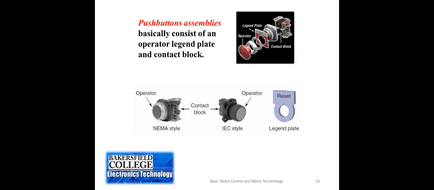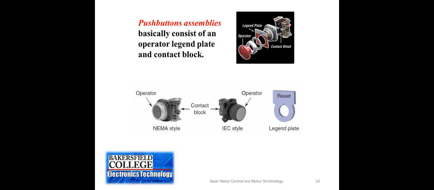Now, when you buy a push button switch, you can actually buy them in their individual components. So the part that the operator, the person that's operating the piece of equipment, comes in contact with is called the operator of the push button switch. Or other types of switches, such as mushroom head switches or emergency stop switches or selector switches, they can also come in different pieces.